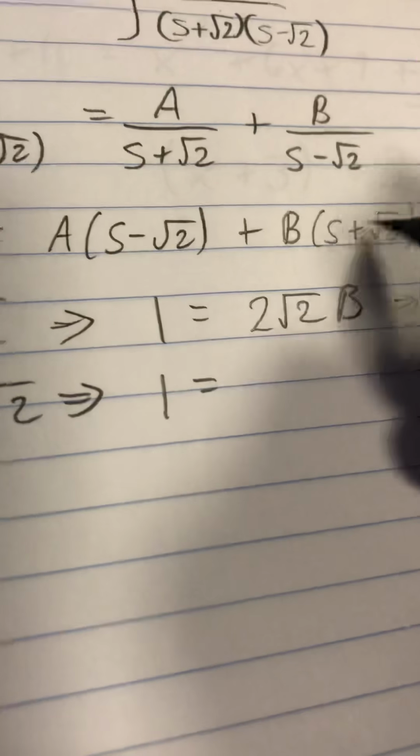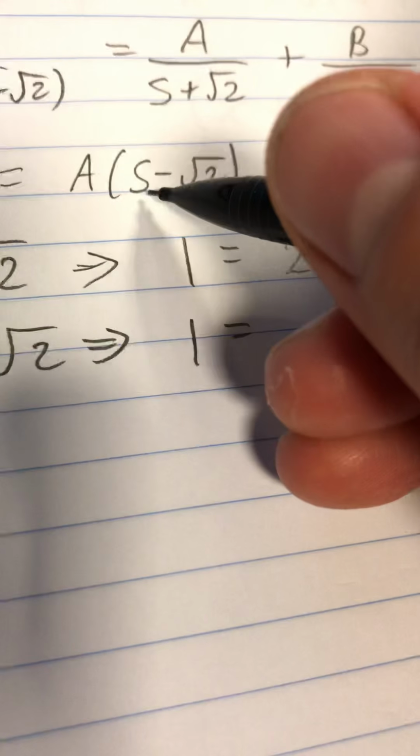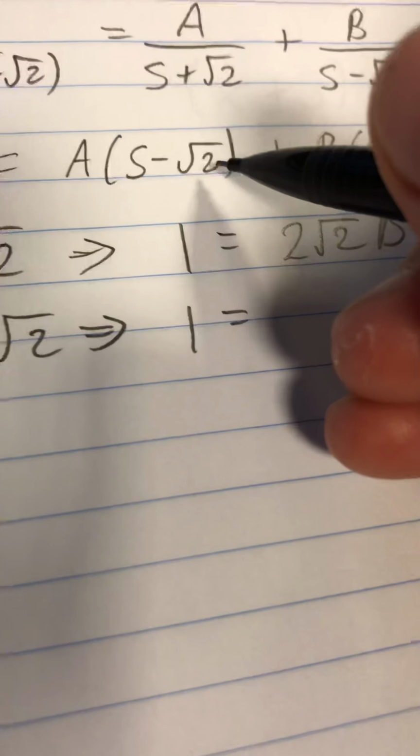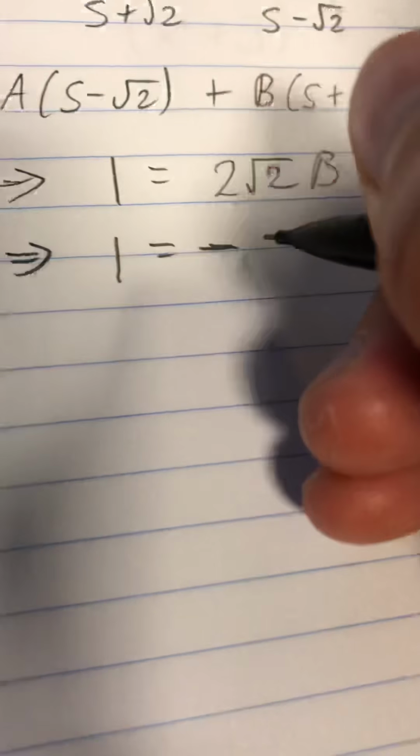Here I'll let s equal minus the square root of 2. So once again I have 1 negative square root of 2. This time will cancel out my b term. Negative root 2 minus another negative root 2 means I have negative 2 square root of 2 a. That means that a equals minus 1 over 2 square roots of 2. So a and b are just the opposite sign of one another.